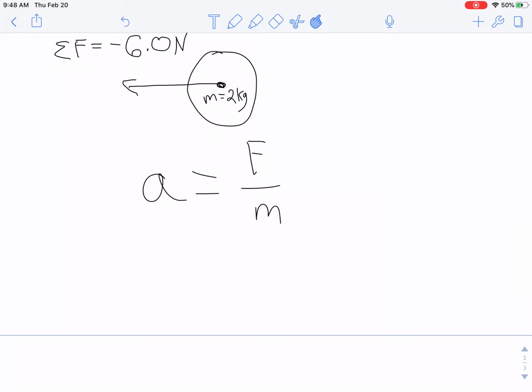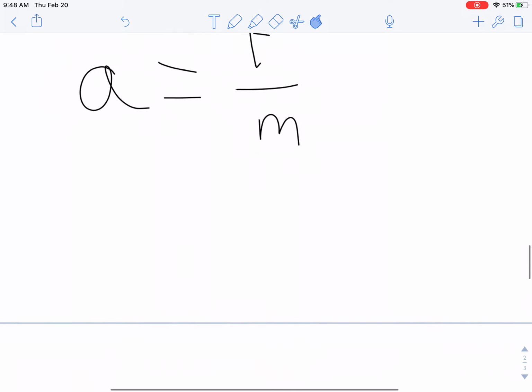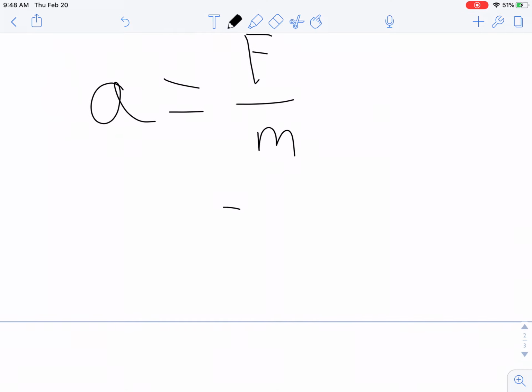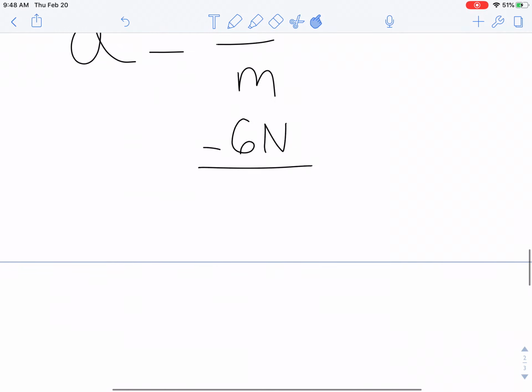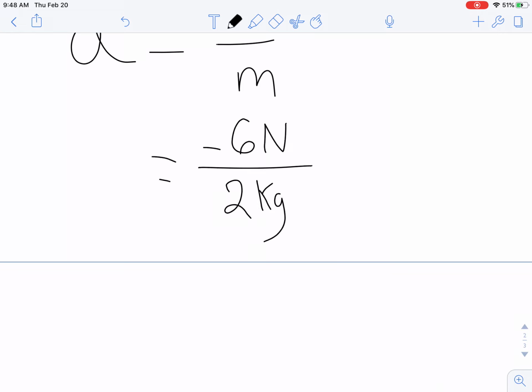And I'm going to plug in the things that I know and solve for what I don't. So I know the force is -6 newtons, and I know that the mass is 2 kilograms, and I get -6 divided by 2 equals -3, and it's an acceleration. In physics, you never forget your units, meters per second squared.